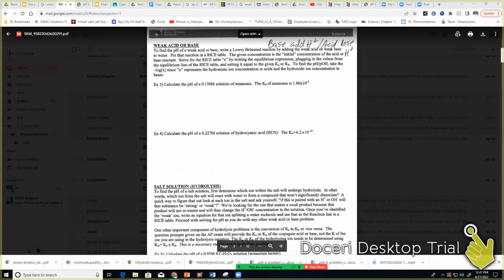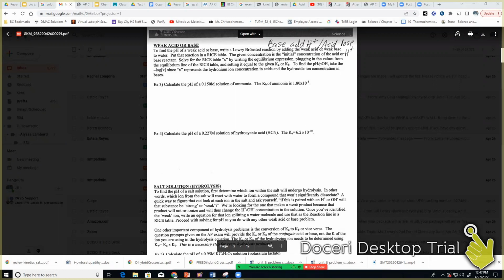Put that in a RICE table. Your beginning will be your initial concentration of your acid or your base, whichever one is your reactant. And this is where we set up x for the concentrations of our products. Remember, once again, if you're working with the base, you're really finding your hydroxide concentration, so you'll have to do pOH first and then come back to pH.